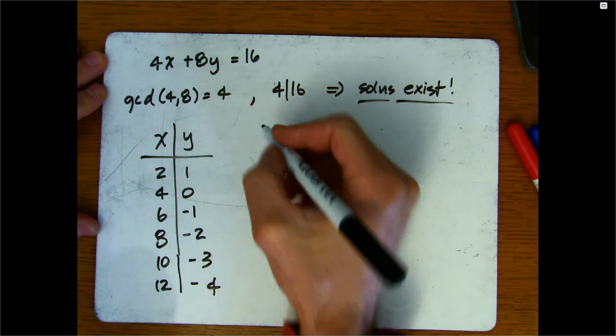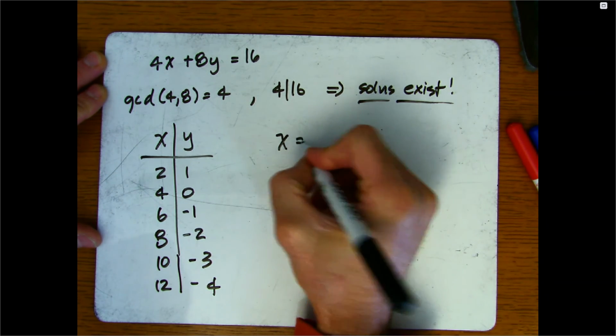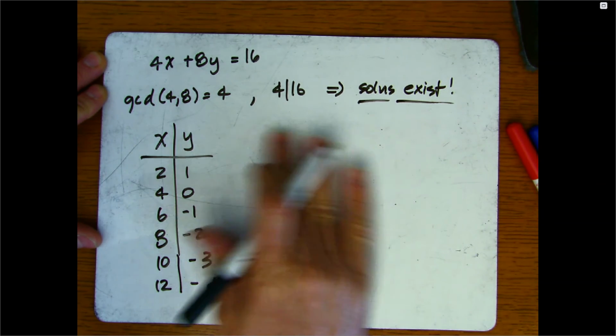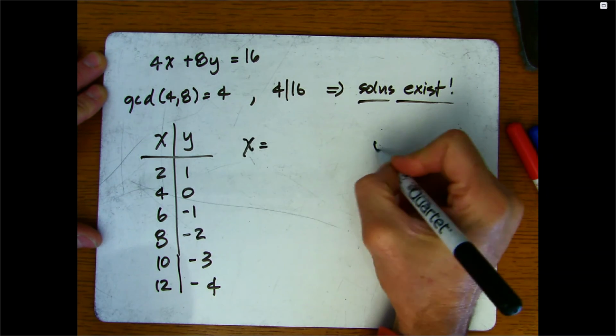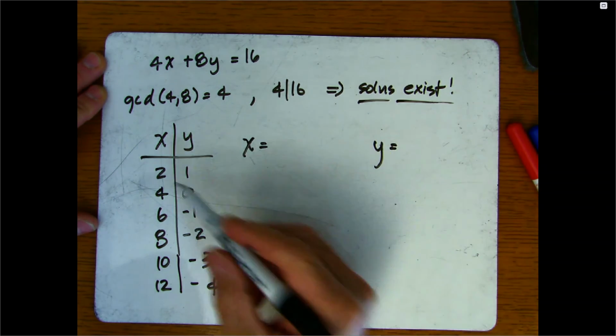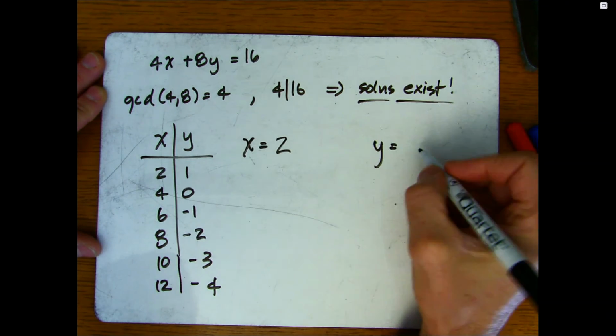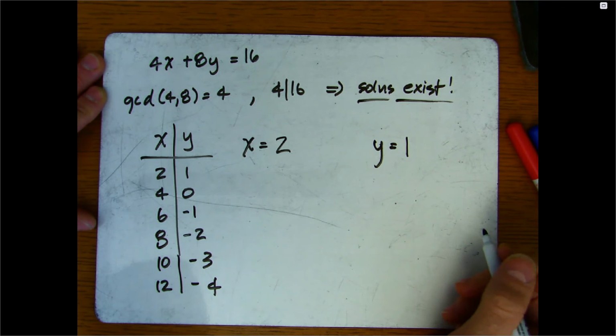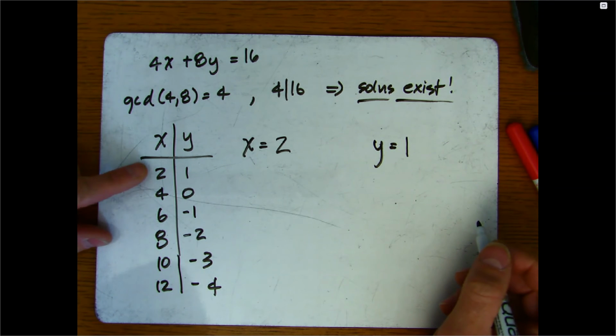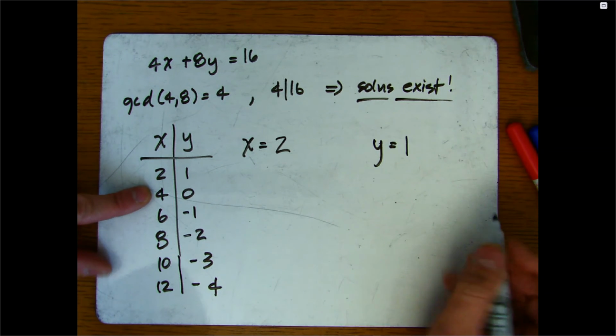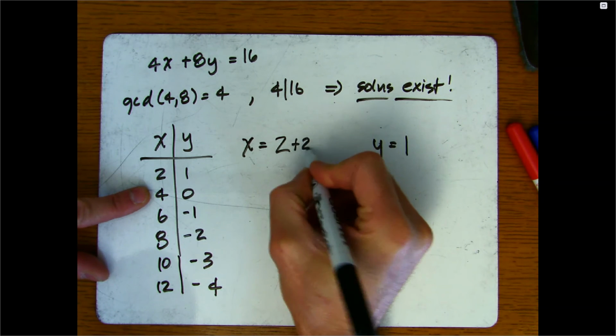So we could think of the solutions as starting with a certain solution and changing. Let's say it starts with 2 and 1, and then each time I get to a next solution, I have to add 2 to x times some integer.